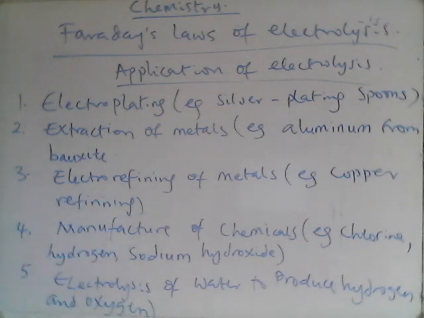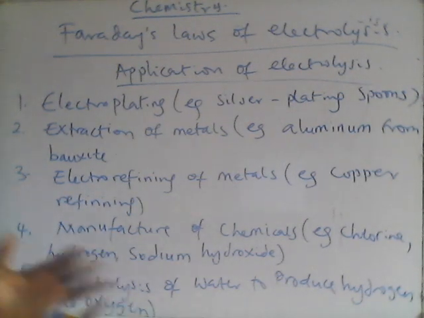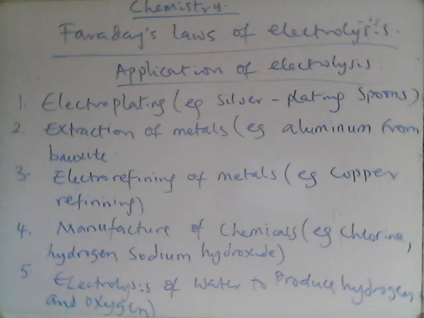That is electro-refining. Then fourthly, we can manufacture chemicals like chlorine, hydrogen, sodium hydroxide, and so on via electrolysis. And lastly, we have the electrolysis of water to produce hydrogen and oxygen, so hydrogen can be produced in the lab using water electrolysis.